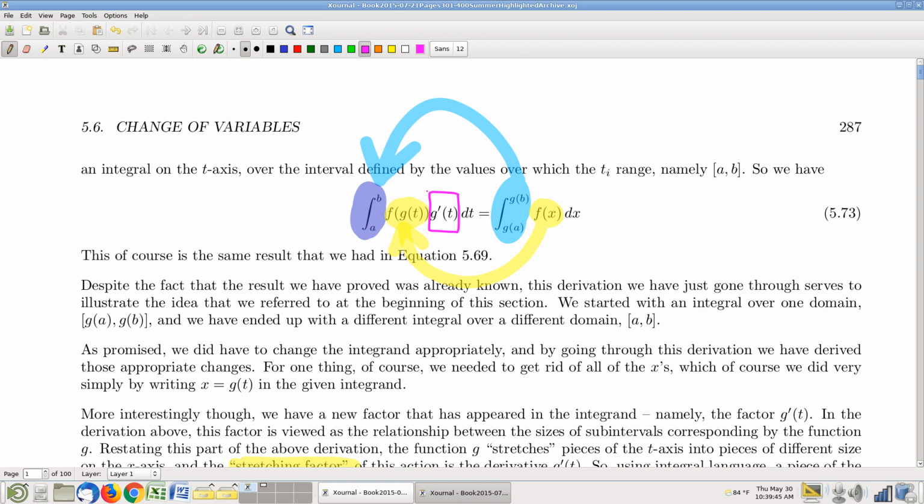And because this is the factor by which you stretch to turn this into that, I like to call this the stretching factor. All right. So that's a big way to think about the substitution rule that we've re-derived here. The substitution rule can be thought of as a pullback accompanied by the appropriate stretching factor. How are we doing? Is everybody happy?